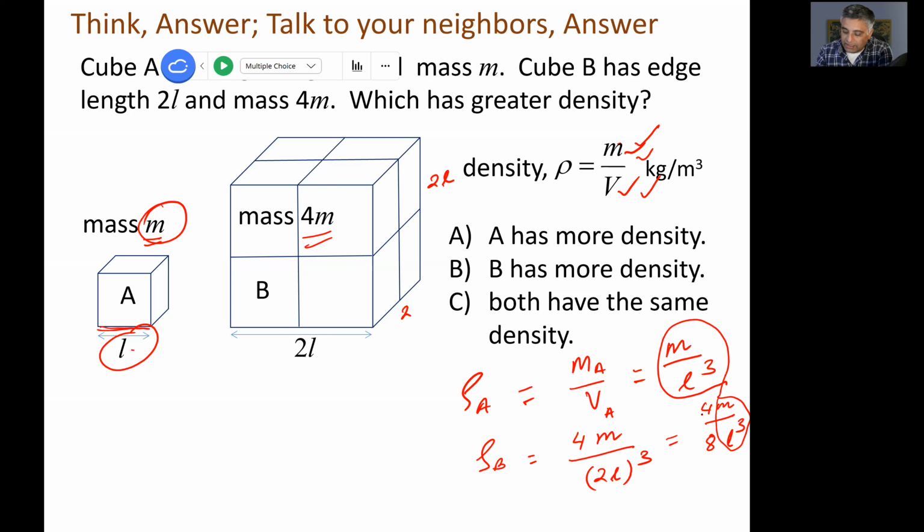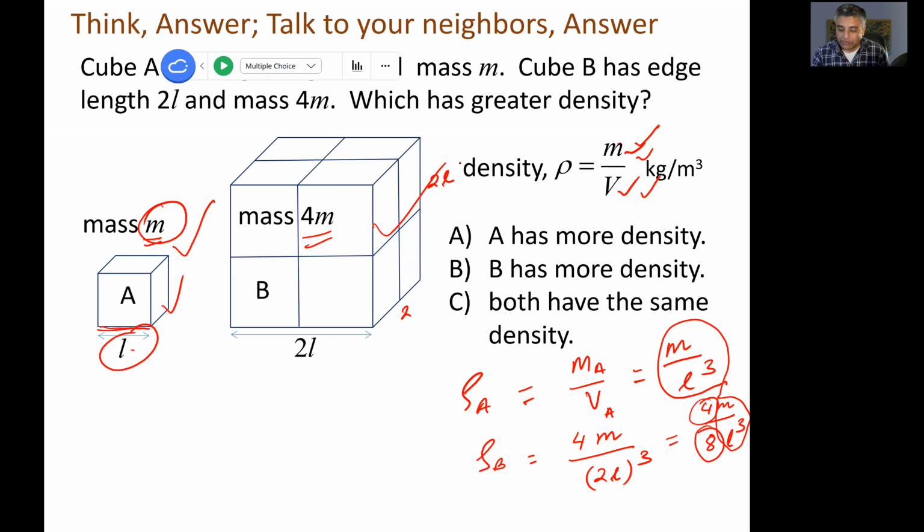So it has a density difference by this factor here, which is half, okay? So it looks like B has a smaller density. A has a larger density, okay? So what happens here? It's packing more mass in the same volume compared to this one there.